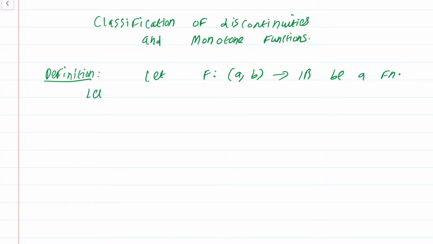Let x be in (a, b) be such that f is not continuous at x.